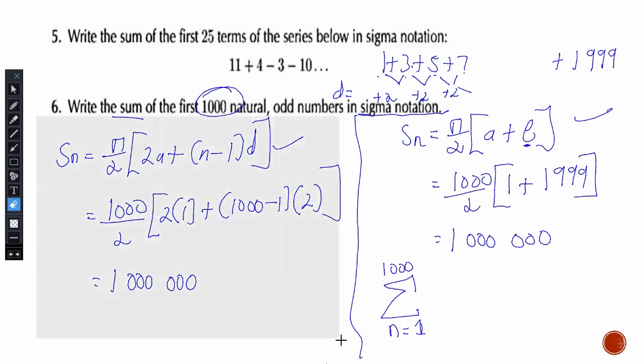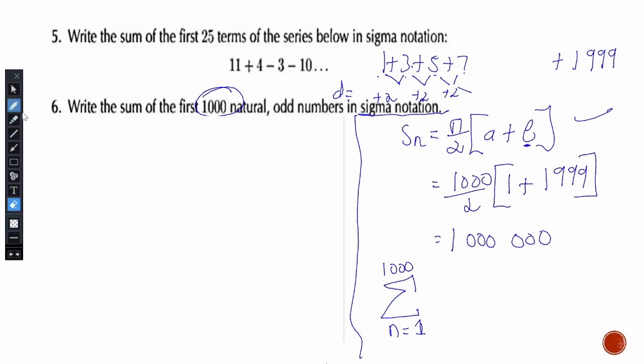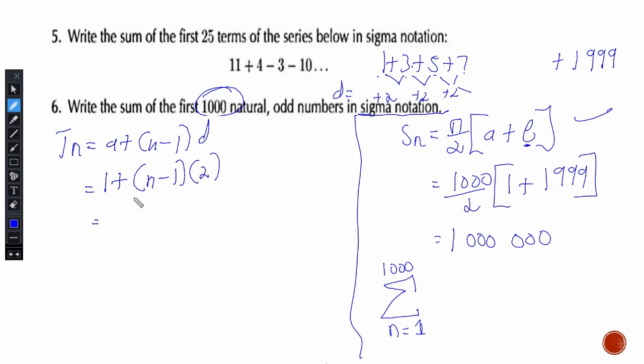What is the general term? What is the rule that governs this? This is Tn is equal to a plus (n minus 1) d, right? Our a value was 1, and then we have n minus 1, and then d is what? Is 2, right? So this is supposed to be 1 plus 2n minus 2.